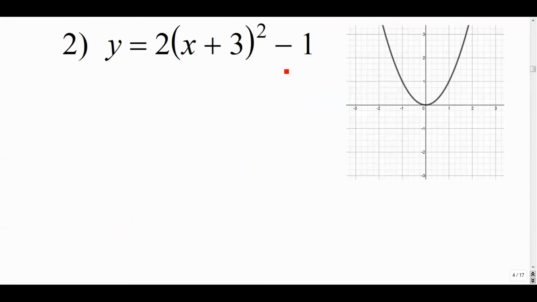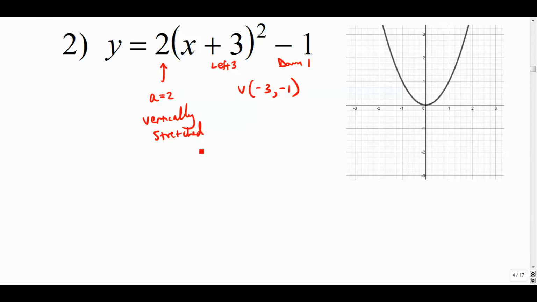Number 2. Another quadratic where our a term now is 2 and our vertex is (-3, -1). So this is shifting left 3 and down 1. And it's also being vertically stretched.